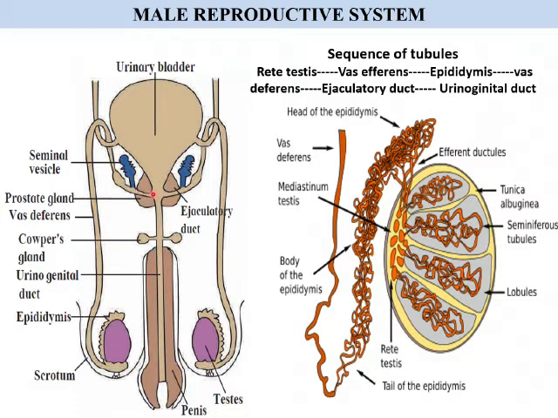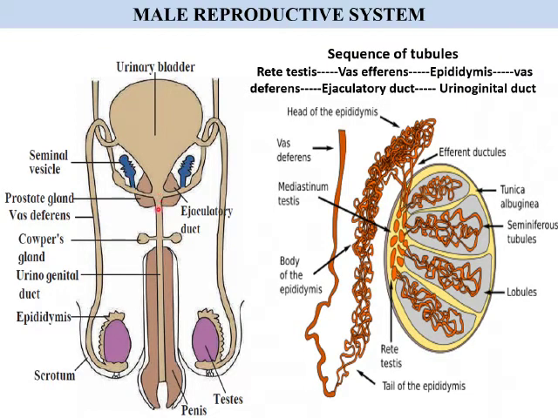The vas deferens and seminal vesicle together combine to give the ejaculatory duct. The seminal vesicle releases its secretions directly into the ejaculatory duct. From the ejaculatory duct, the semen moves down into the urinogenital duct, a common passage for both semen and urine.